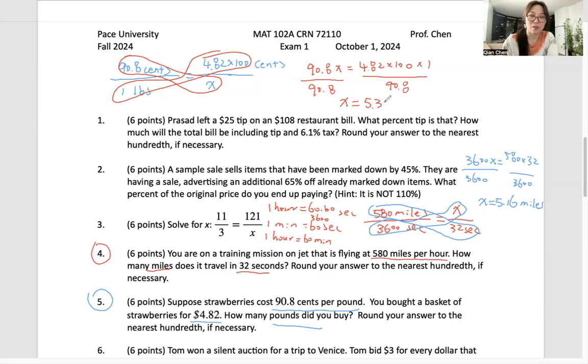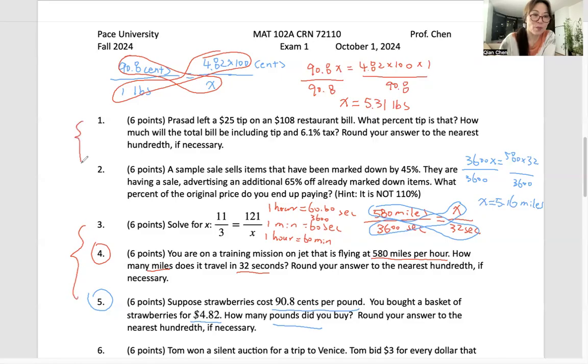I'm going to round that to 5.31 pounds. So that's for 5. The $4.82 bought 5.31 pounds of strawberries.